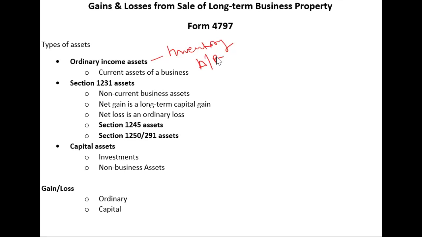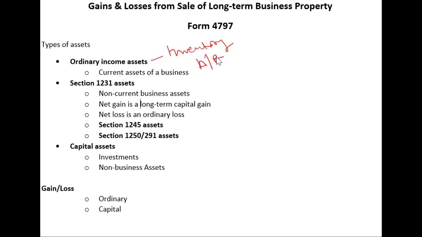Then we have no special tax rules or limits for ordinary income through sale of long-term business property, and the gains and losses arising from maybe the sale of self-created patent, inventions, model or design, or maybe the secret formula or process.